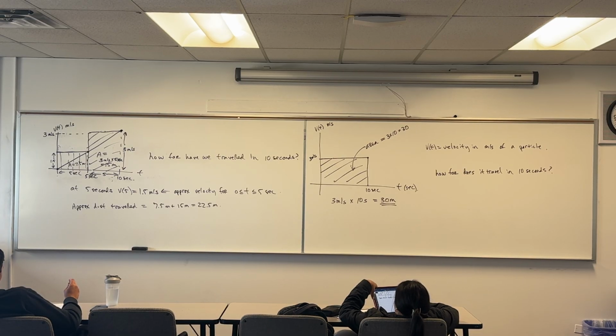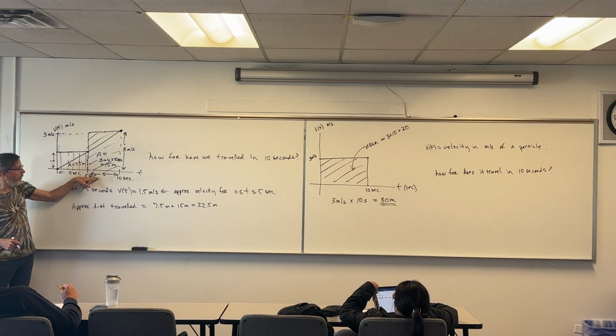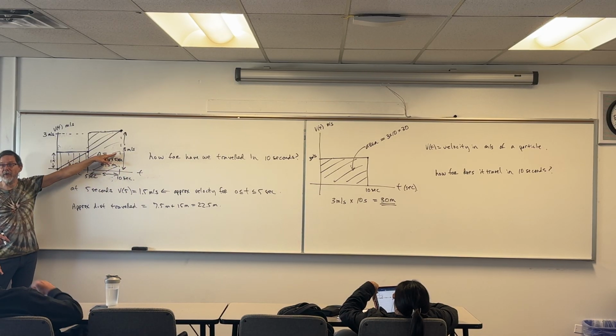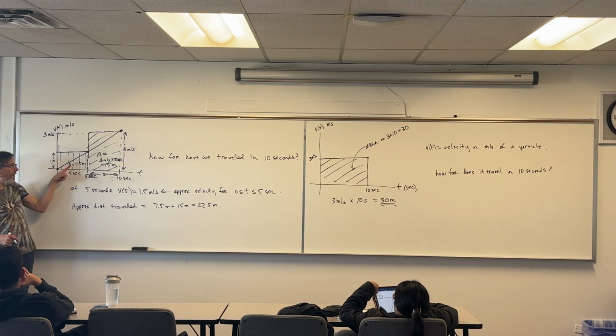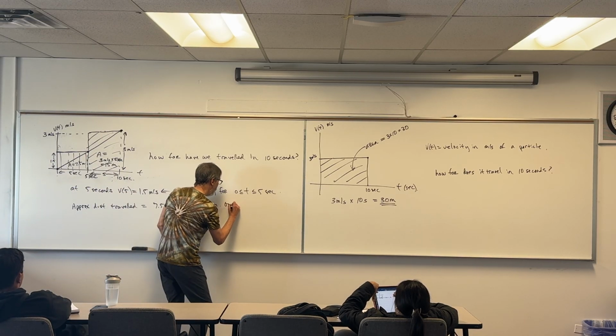What do you think, Leo? Over. Yeah, and why? We're adding also all the things on the left of the line. Yeah, absolutely. Your velocity in this little window wasn't always 3 meters per second, and your velocity here was certainly not always 1.5 meters per second. So this is an overestimate.